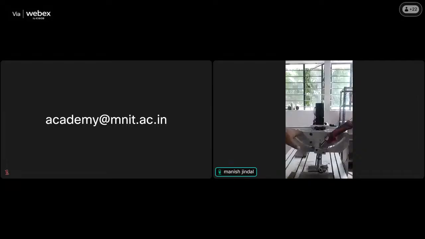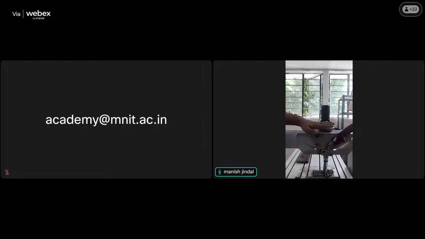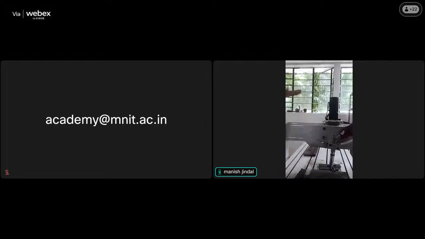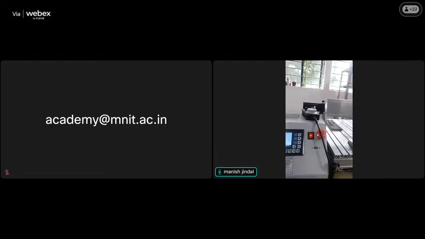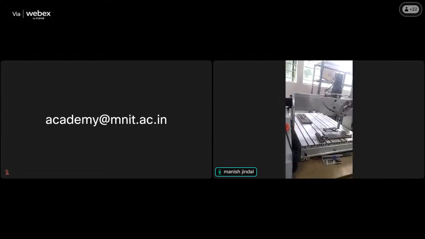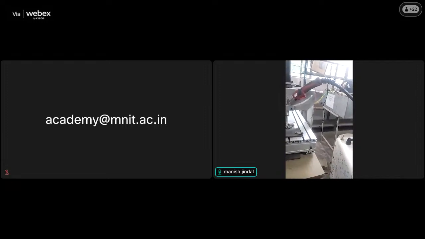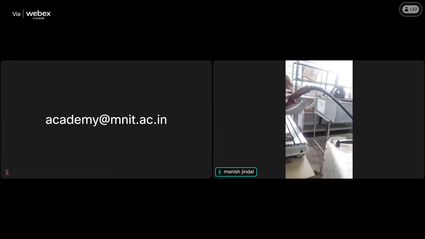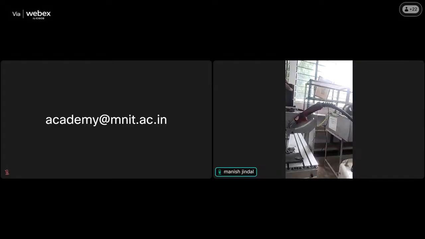This is known as the XYZ router, and this router is connected to the controller. This is the DDCS controller. Again, as I told you, in the XYZ router, the X, Y, and Z direction movement of the torch is controlled with the help of the stepper motor.